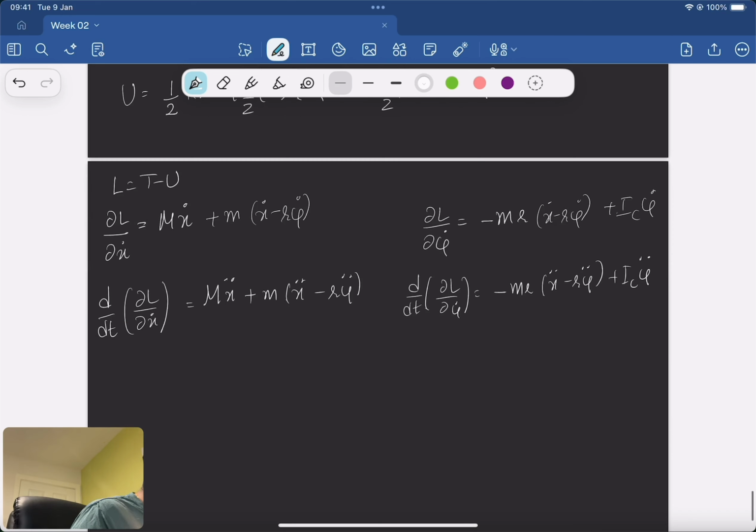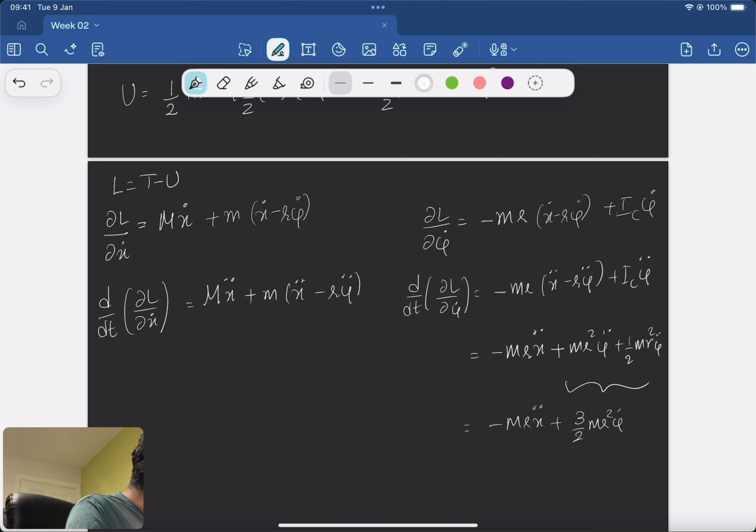Or I can rewrite this as minus mr x double dot plus mr square phi double dot plus 1 by 2 mr square phi double dot. Or I can combine these two terms and basically write mr x double dot plus 3 by 2 mr square phi double dot, right?